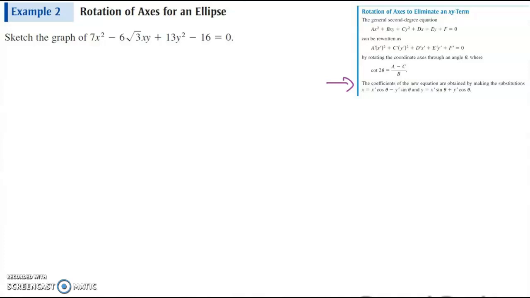One thing I do recommend is, as you're working this out, the xy term is going to be eliminated. Just keep everything in fraction form. Don't try and simplify the fraction right off the bat. Don't simplify anything until the very end.